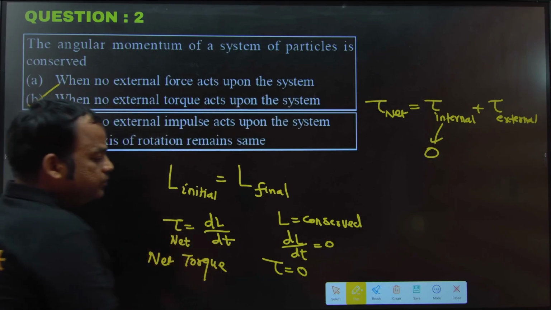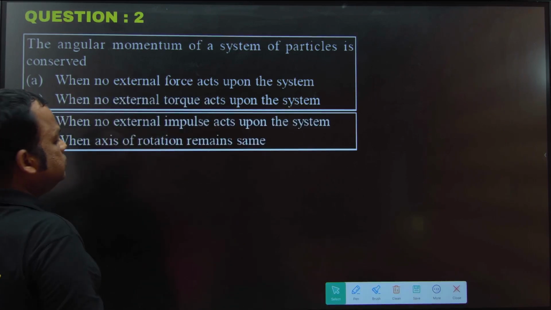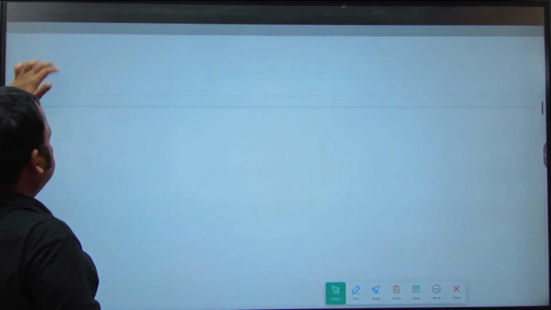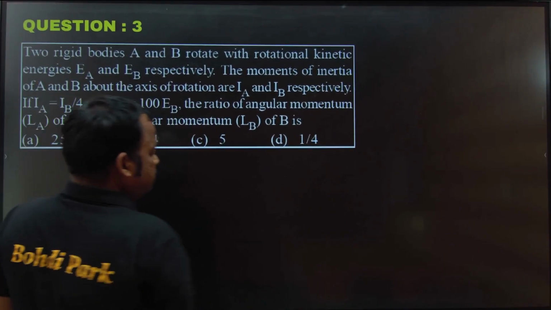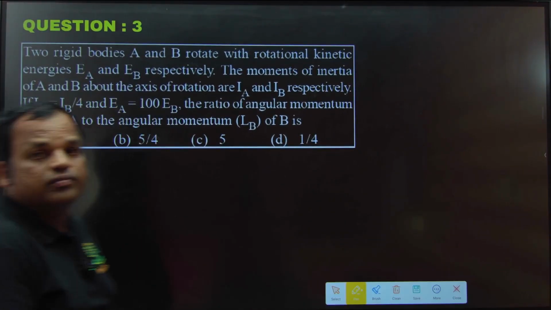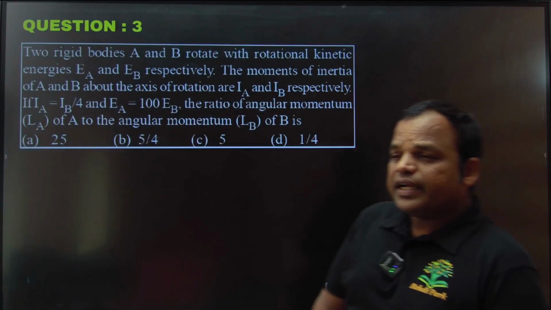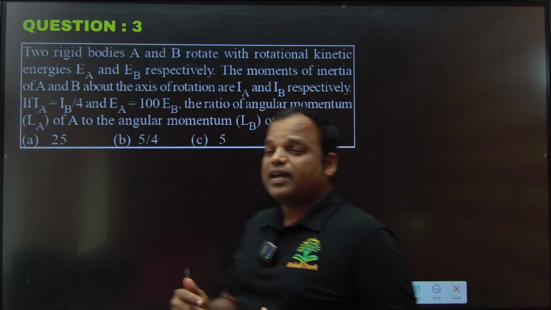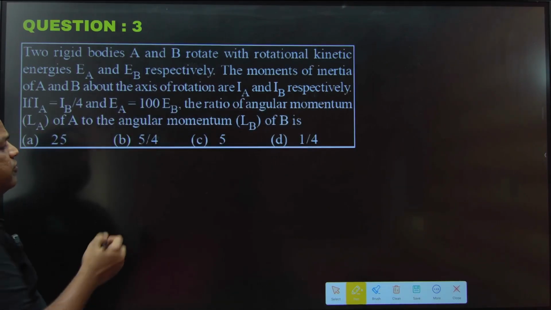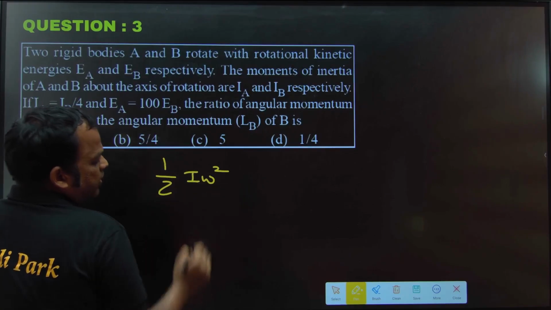Next, now look at this question. Two rigid bodies A and B rotate with rotational kinetic energies EA and EB. What is the formula for rotational kinetic energy? Half I omega square.